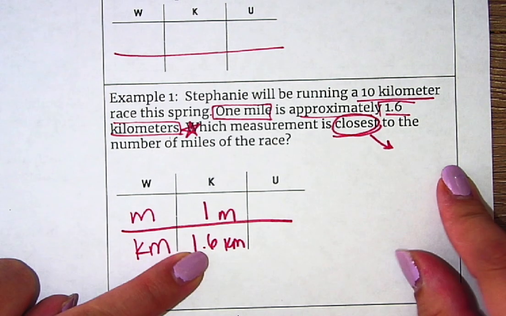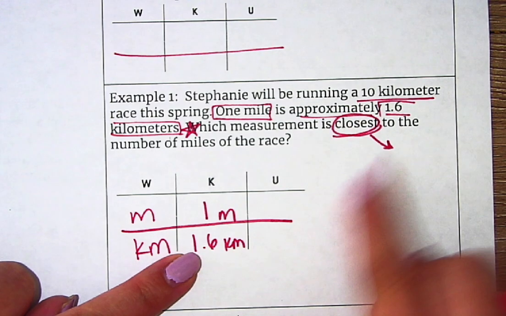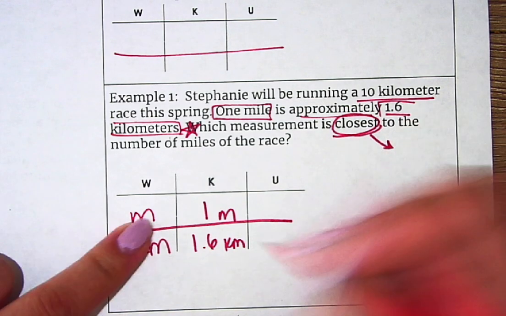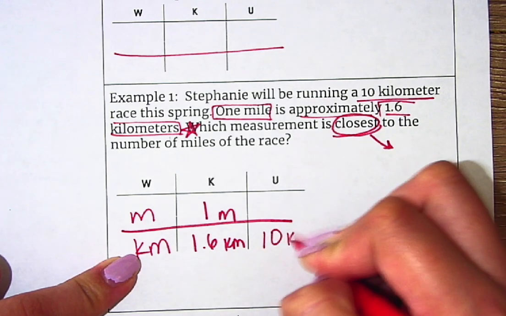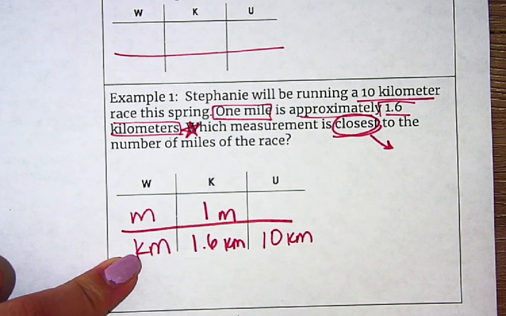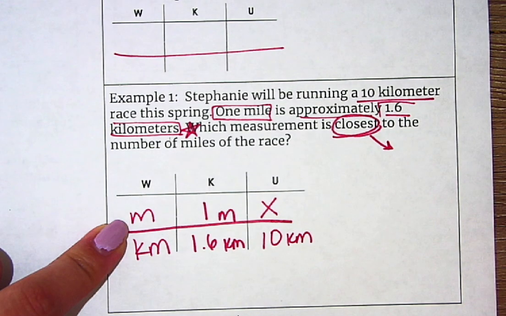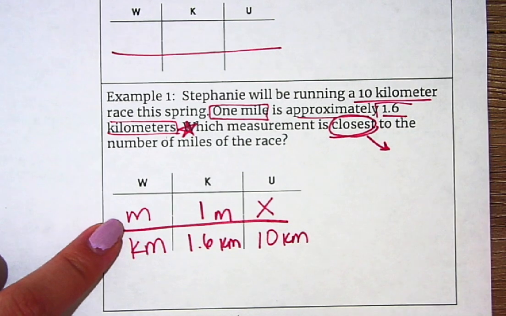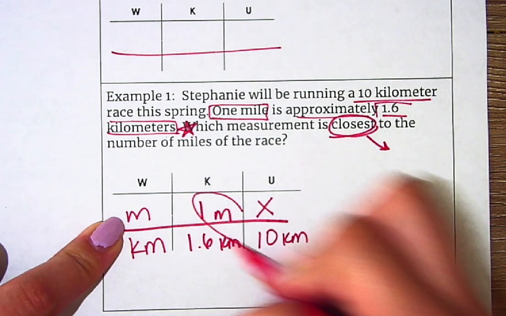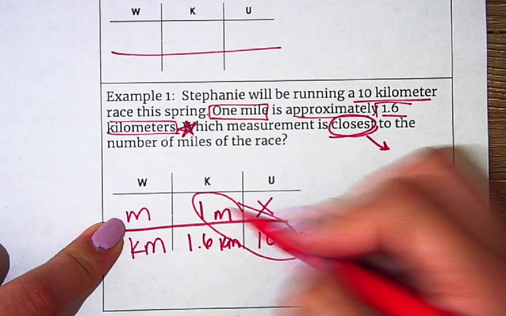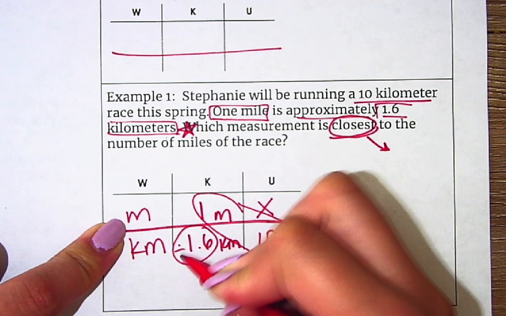Okay? Now the question's asking us, it said she's going to be running 10 kilometers. So that's where we're going to put in our last column, our unknowns. We know it's going to be 10 kilometers that she's running. We do not know how many miles that is. So you would put an X there. And if you remember, you're going to do the baseball method. You're going to multiply the numbers across from each other, 1 times 10, and then you are going to divide 1.6.